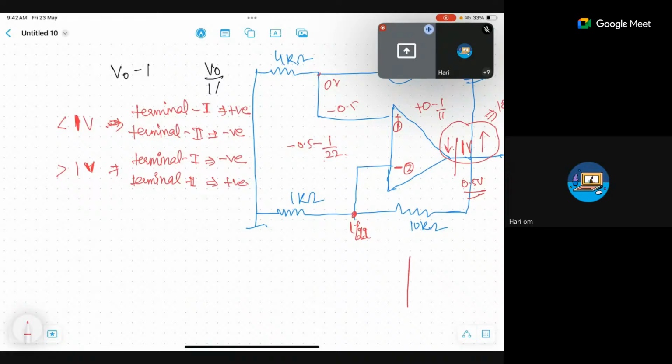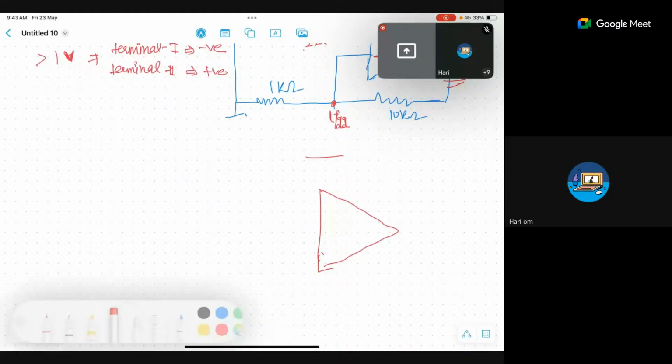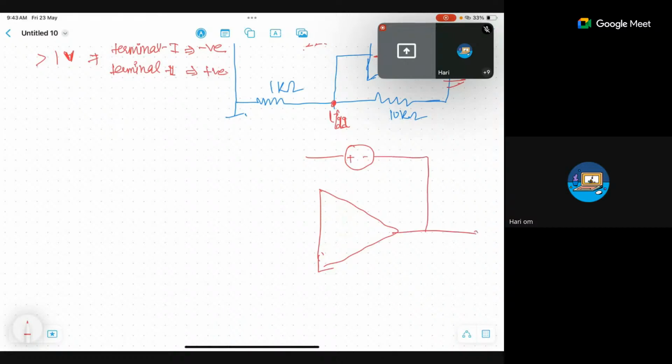But if this is positive, if this direction changes, then you can easily identify.